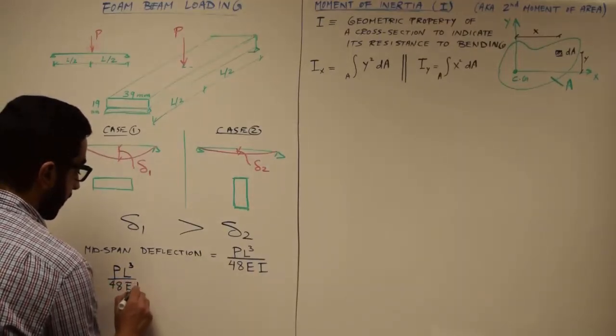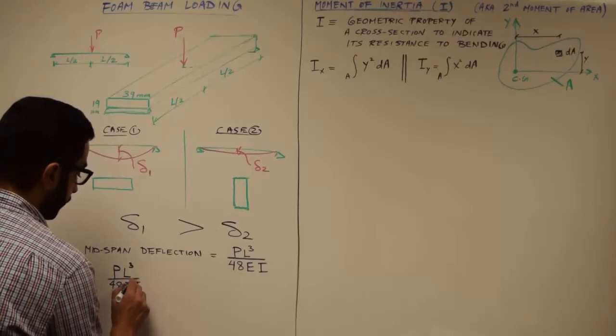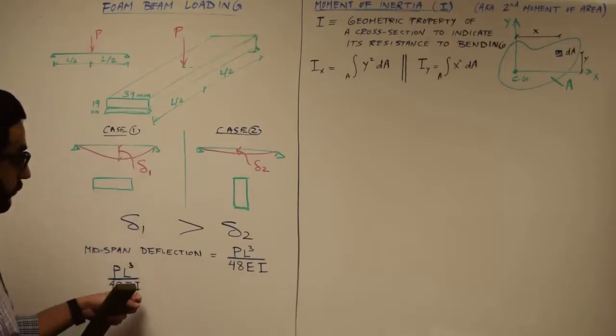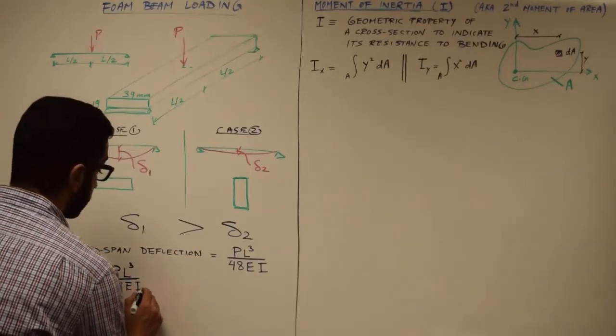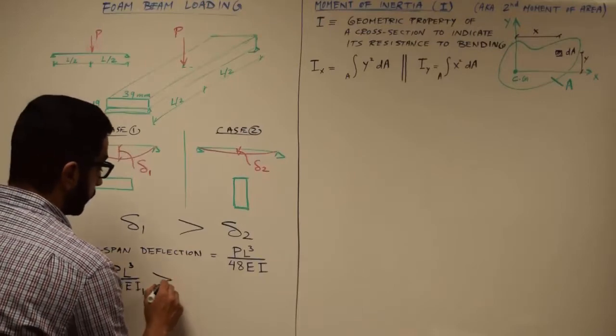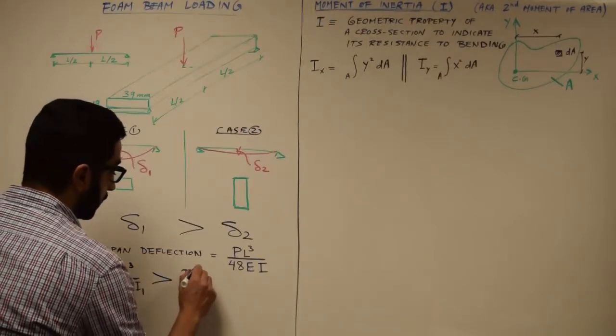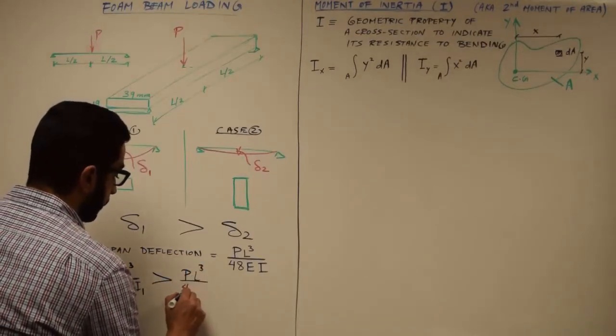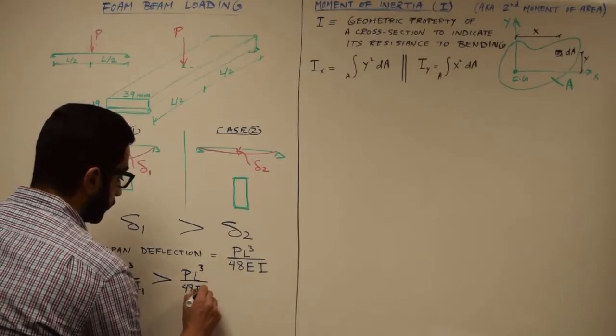The only difference that we made, which, trust me here, until you understand why the I here is different, I'll call this I1, is more than this, PL cubed over 48 E I2.